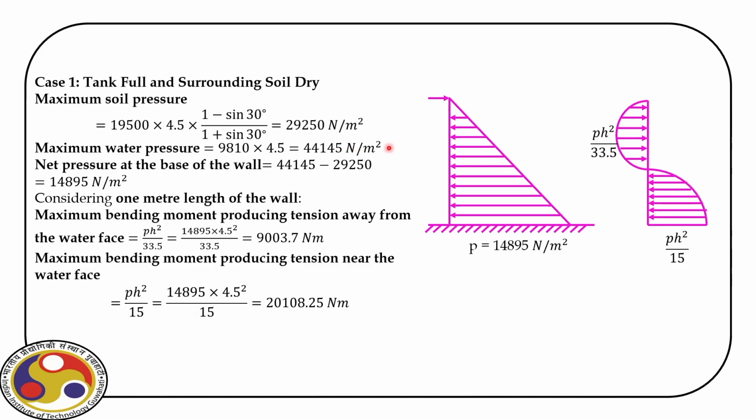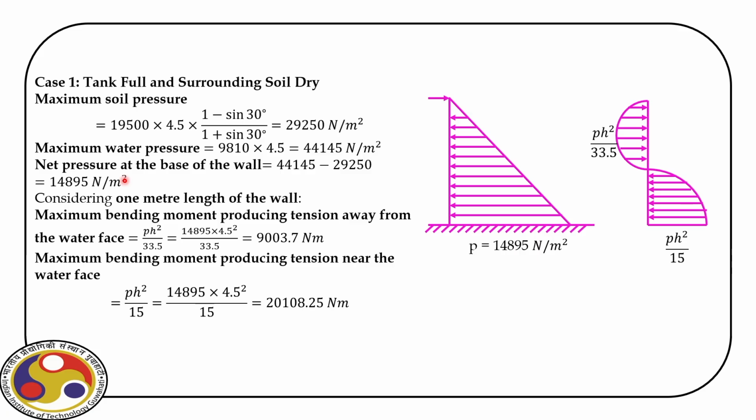Now obviously for case 1 we have full water load inside applying a water pressure, and from outside we have dry soil applying a pressure. So the net pressure is the difference between these two, and that is 14,895 Newton per meter square.